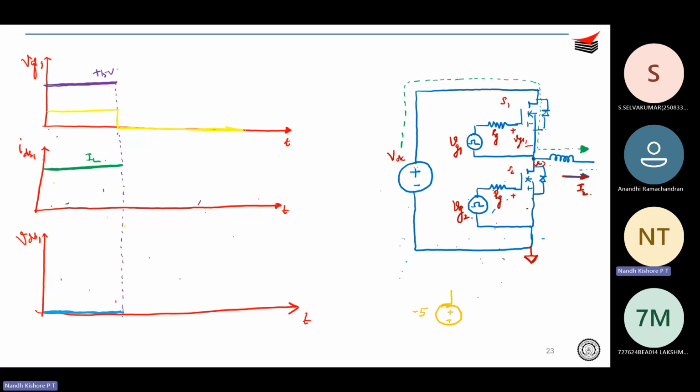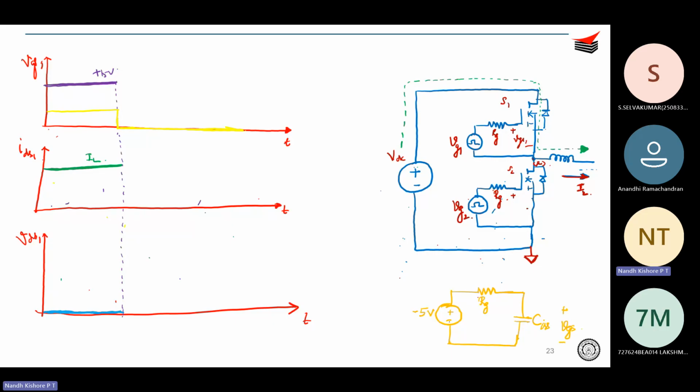From plus 15, it went to minus 5 volts. Then we have RG and the gate capacitance, which we saw can be called CISS. Across it you have your VGS.